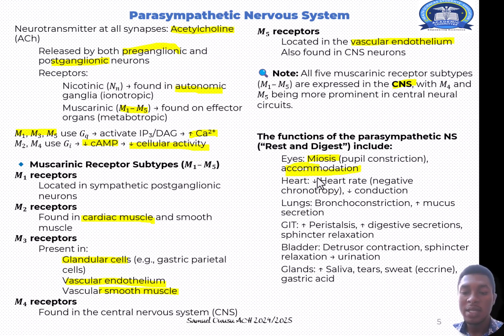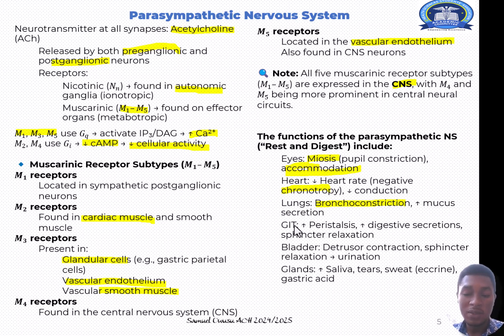The heart rate decreases, and that is a negative chronotropy. It also decreases the conduction process of the heart. The lungs also narrow. The airways become very narrow. That's termed bronchoconstriction, and there is increased mucus secretion when the parasympathetic nervous system is in play.